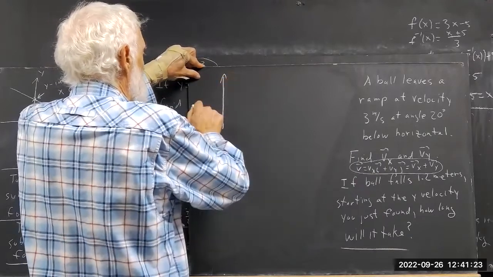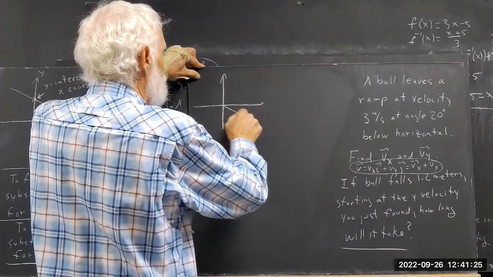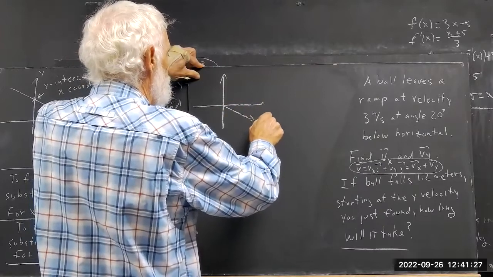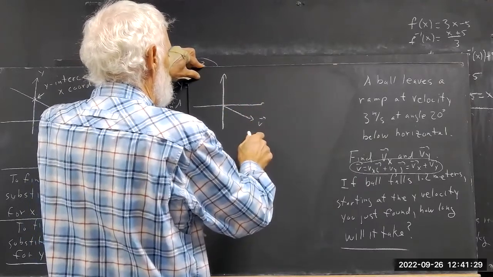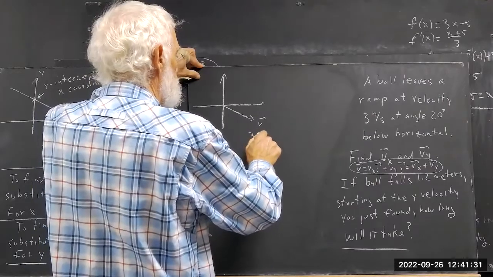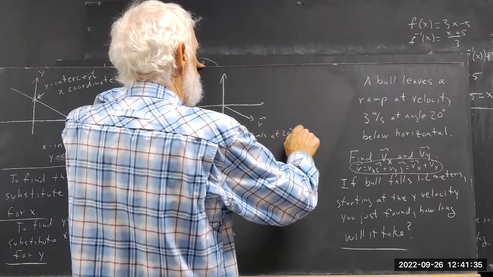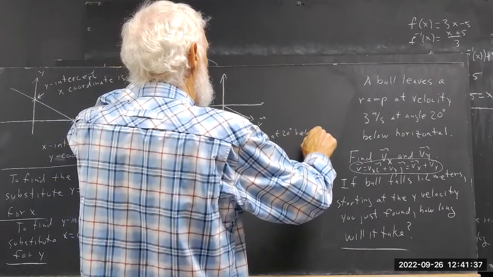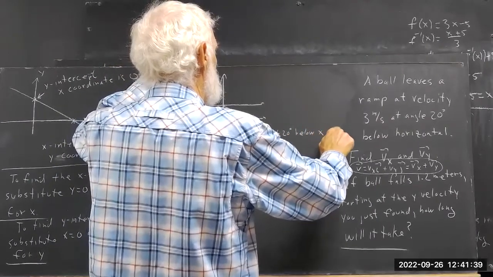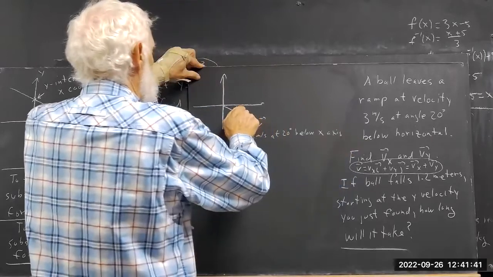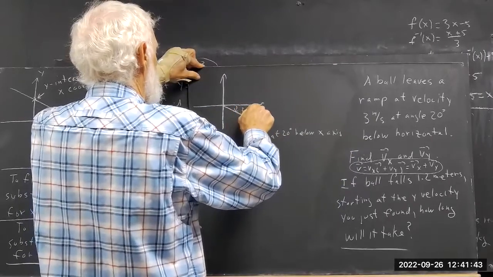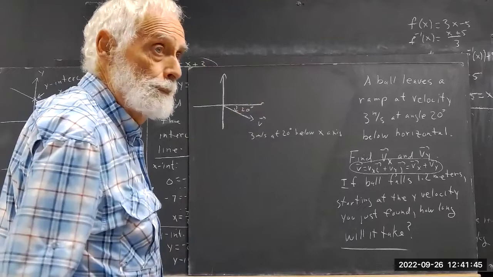you really want to draw a picture of this velocity. And it's 3 meters per second, at 20 degrees below the x-axis.